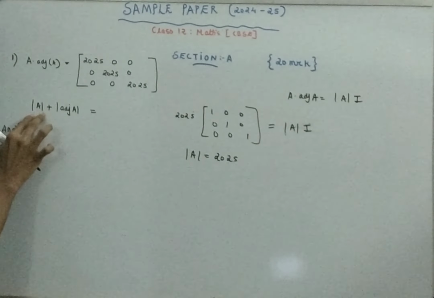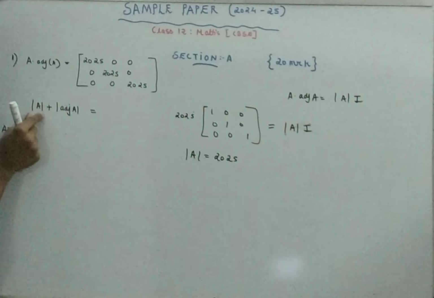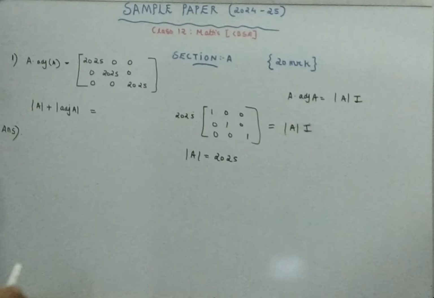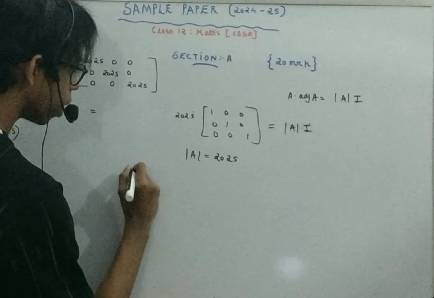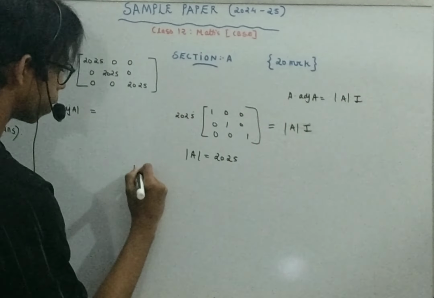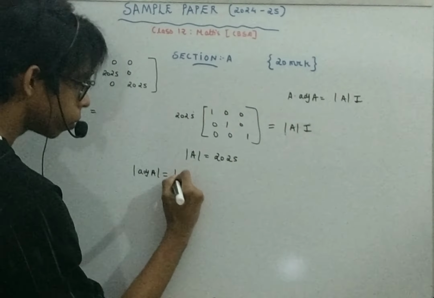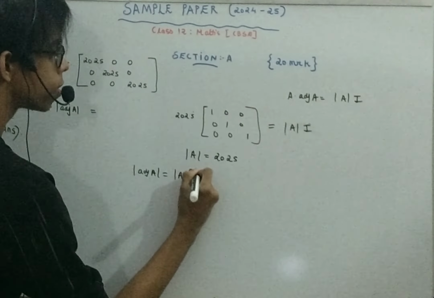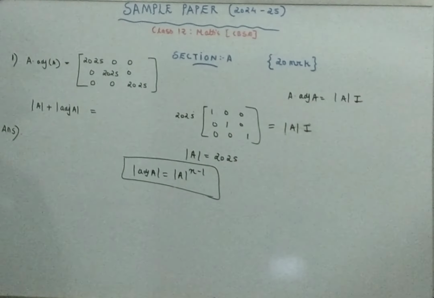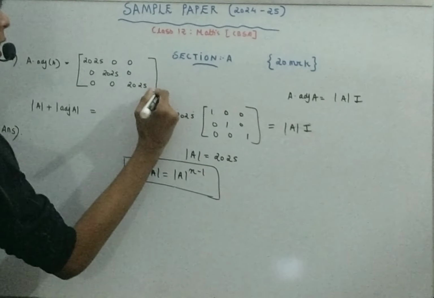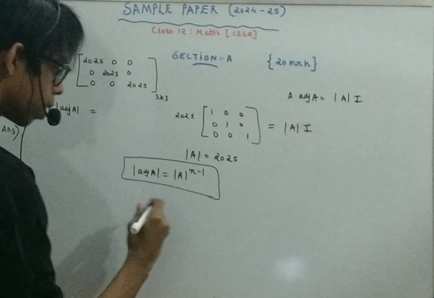So we need to find determinant A plus determinant of adjoint A. We found determinant of A is equal to 2025. Now to find determinant of adjoint A, we know a property of determinants, that is determinant of adjoint of A is equal to determinant A raised to n minus 1, where n is the order of the matrix. Now if you see over here, this is a 3 by 3 matrix, so we can directly substitute it.